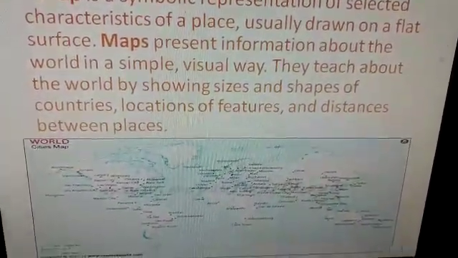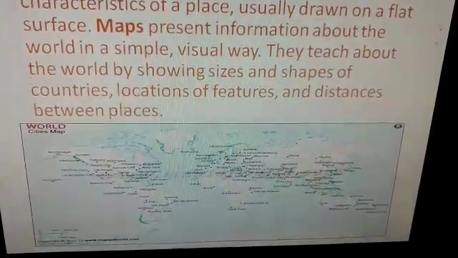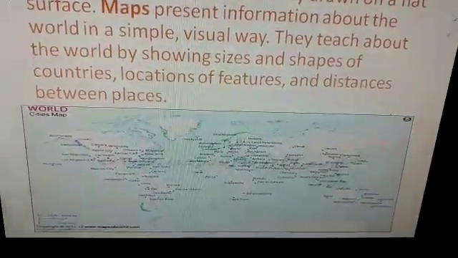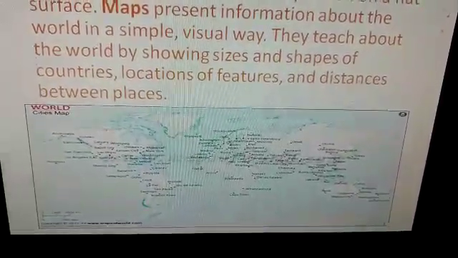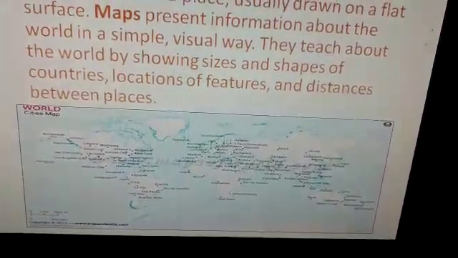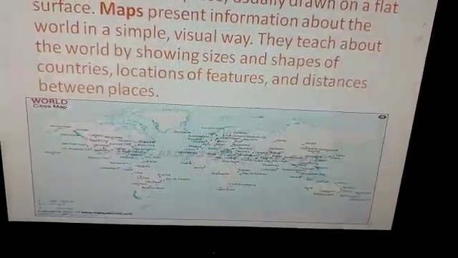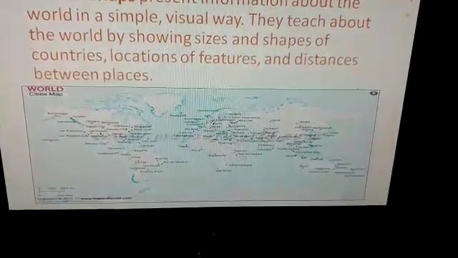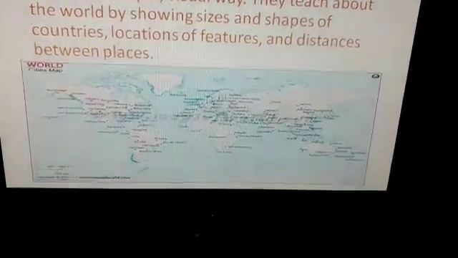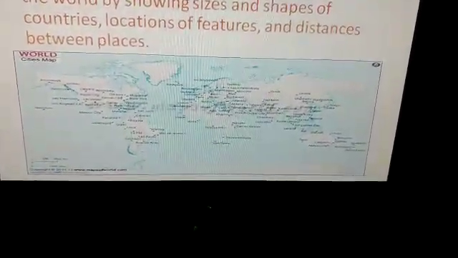Maps present information about the world in a simple and visual way. They teach about the world by showing sizes and shapes of countries, location of features and distances between places. See, it is the picture of a world map.